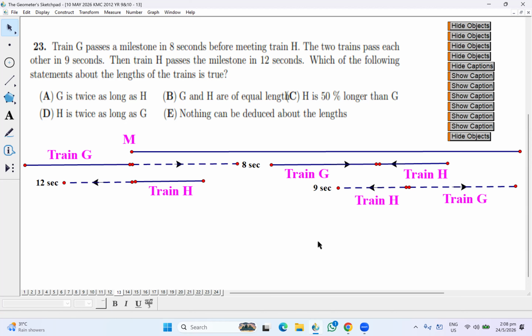In order to check the length, we need to label the length and the speed.